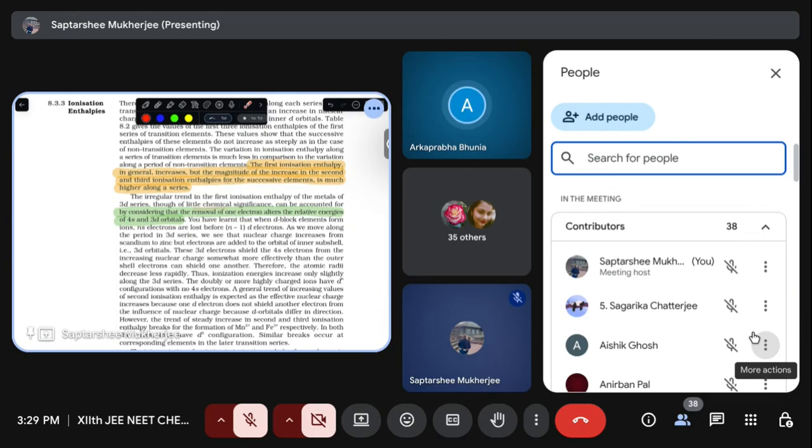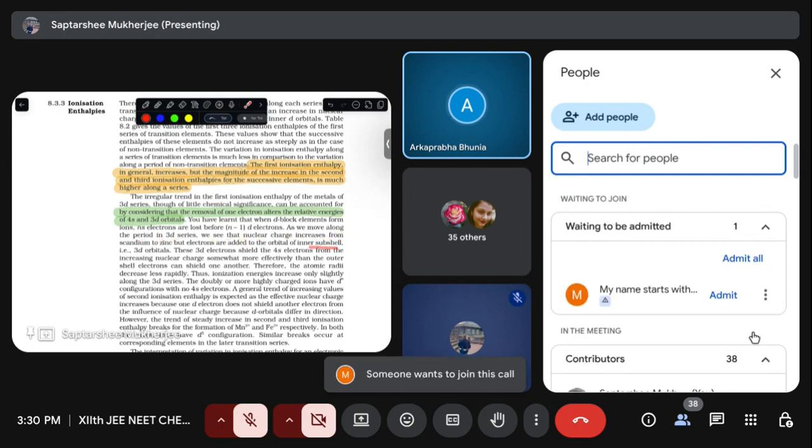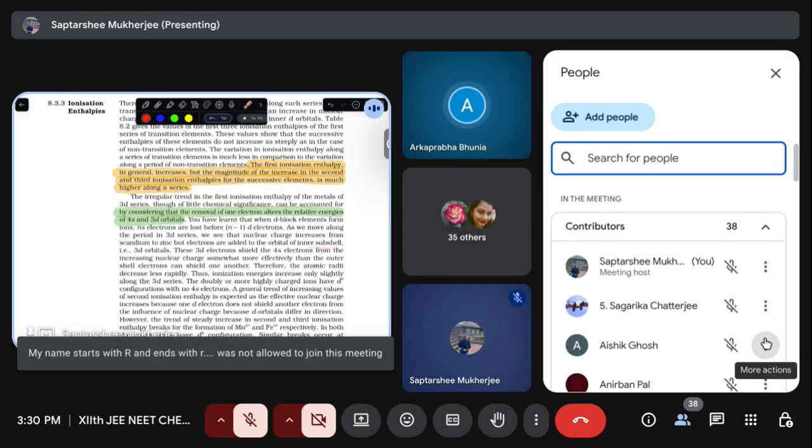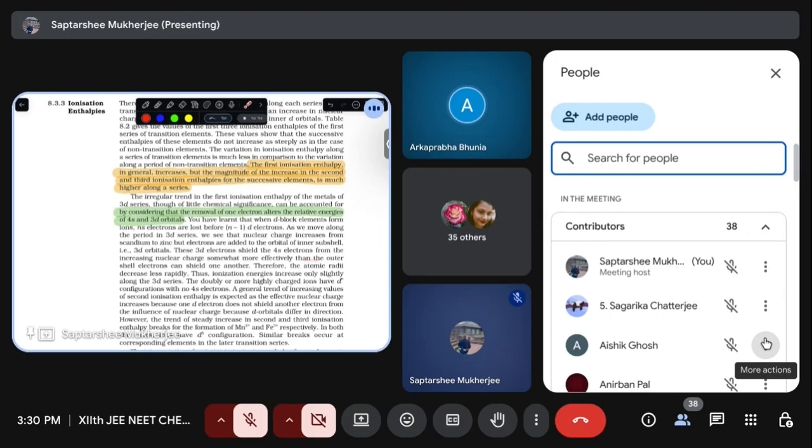We have learned that when d block elements form ions, ns electrons are lost before (n-1)d electrons. As we move along in the 3d series, the nuclear charge increases, but electrons are added to the orbitals of the inner shell, that is d orbitals. These added electrons shield the 4s electrons somewhat more effectively than the outer shell electrons do.